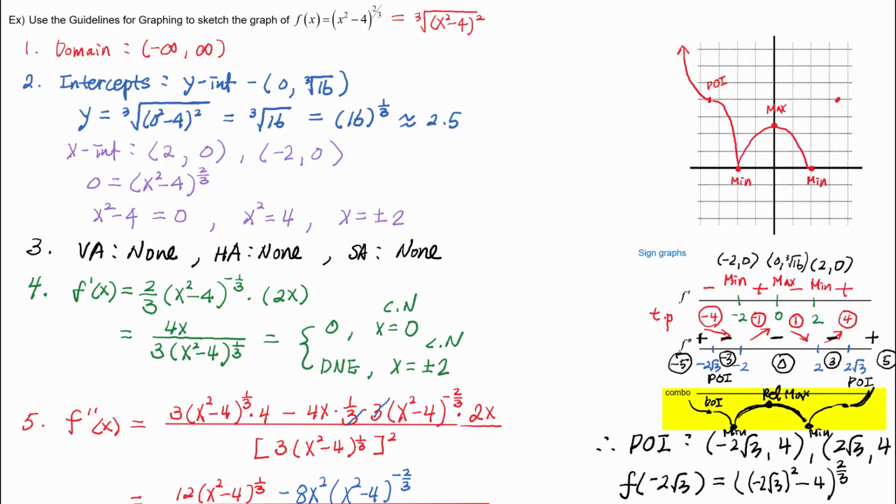And then from another minimum (2, 0) to the inflection point, I have an increasing graph that is concave down. And then from the point of inflection to infinity, I get increasing that is concave up. So here is my graph.